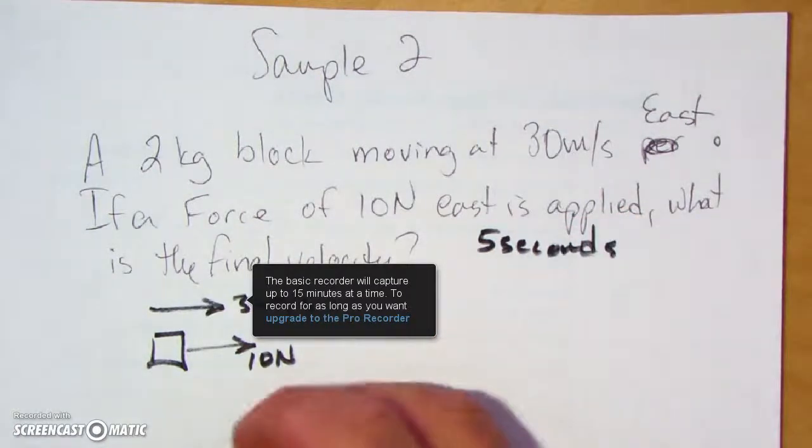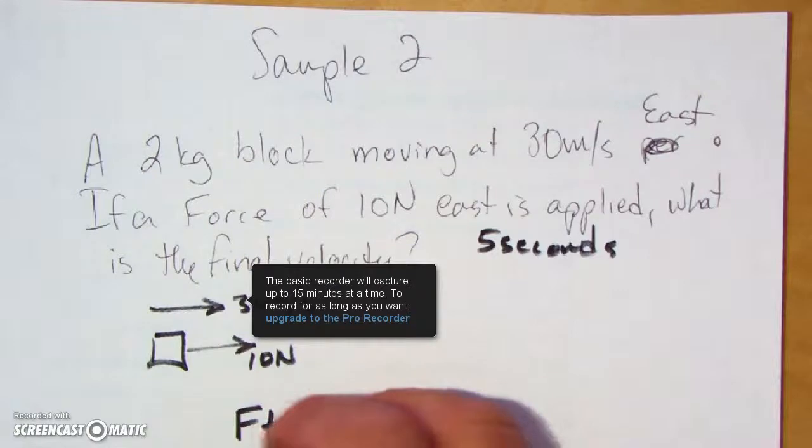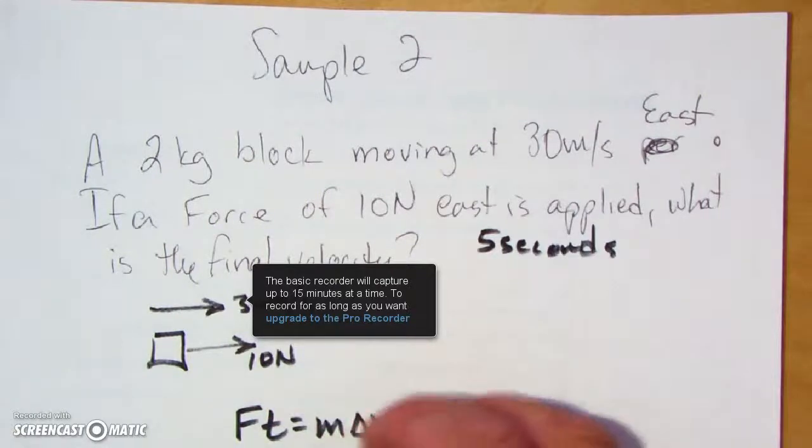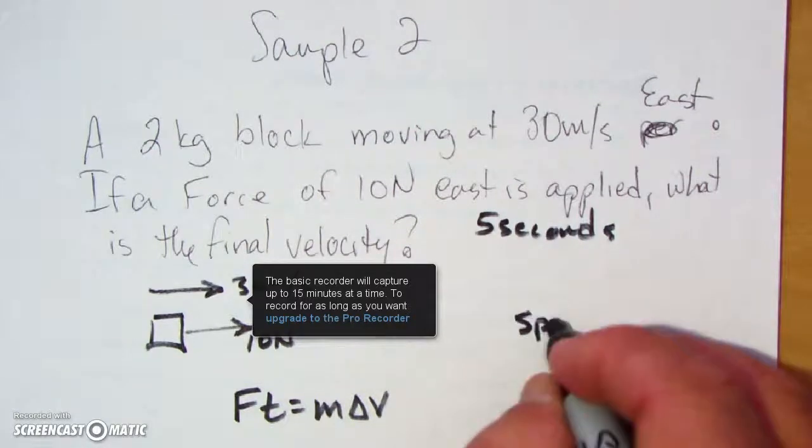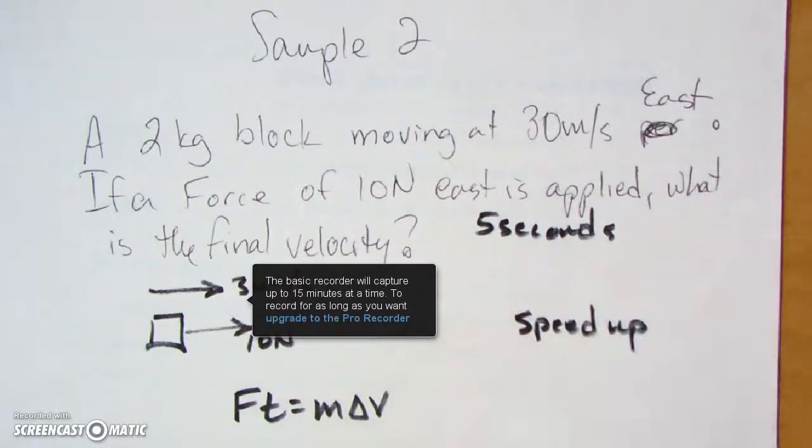So what I'm now going to say, same basic statement, Ft is equal to m delta v. But here's the key thing now: my initial velocity was not 0. So first of all, reason your way through it. Is it going to speed up or slow down? Well, it's going to speed up. So what we need to do is figure that out.